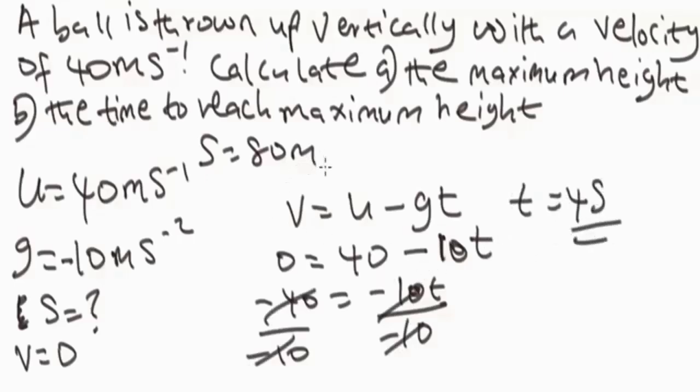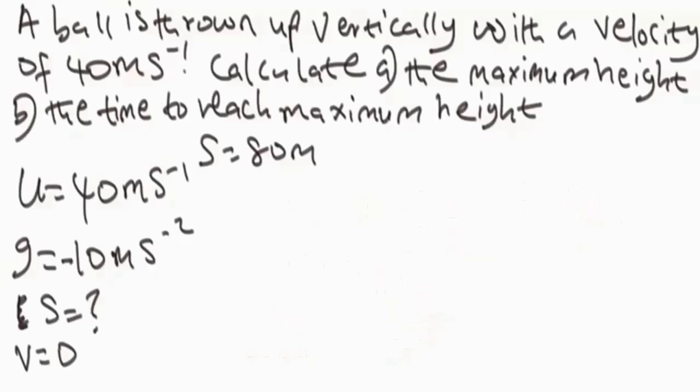Now, this particular question can also be solved using the projectile formula, because it's talking about maximum height and time to reach maximum height. So let's solve it as a projectile. Let me show you how you can also do the projectile. In projectile, to calculate maximum height, you use u squared sine squared theta over 2g.